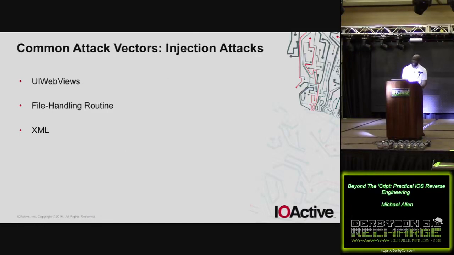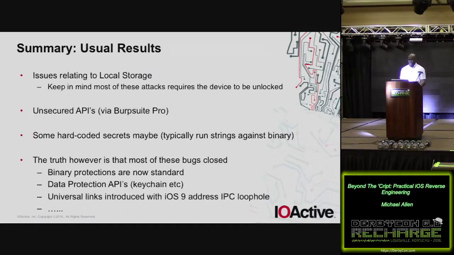So, just an example of common bugs that you'll find that are now closed: injection attacks, injecting into web views, file handling routines, XML attacks, and so on. The point of this is to keep in mind that the issues you identify with local storage only work when the device is unlocked, right?